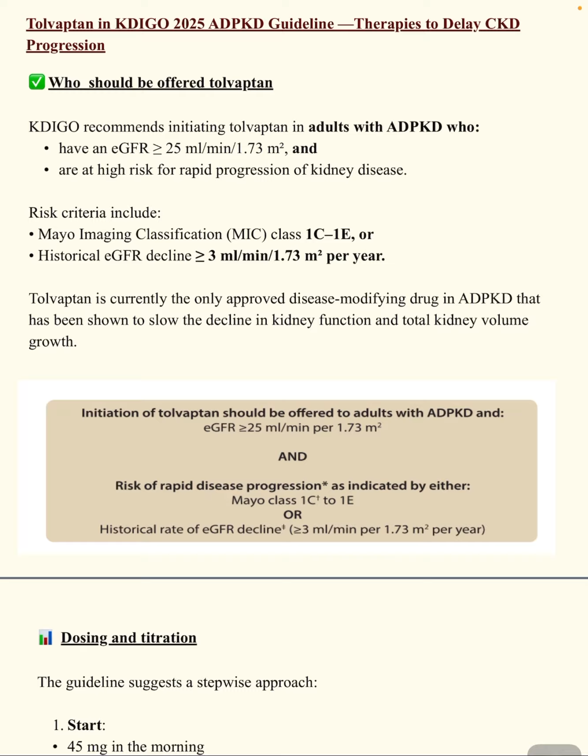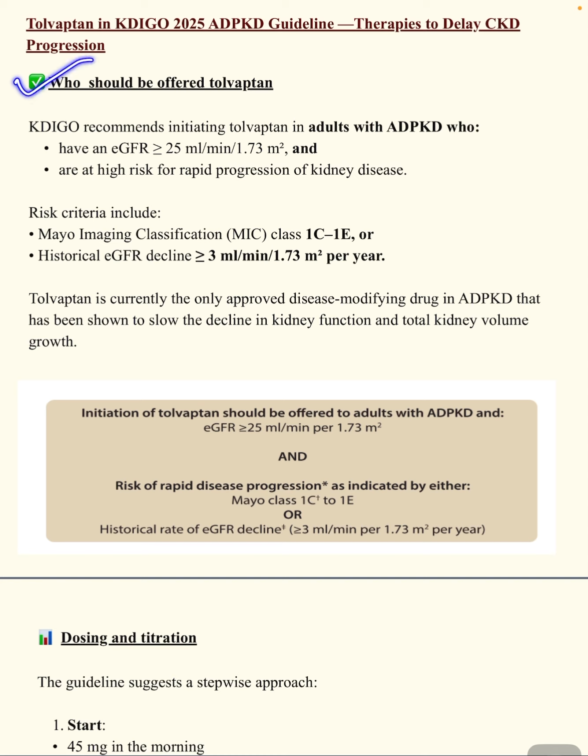So, tolvaptan, a selective V2 receptor antagonist, blocks vasopressin action and reduces cyst fluid secretion. As a result, it slows total kidney volume (TKV) growth and decline in eGFR. We already discussed this in the mechanism of action.